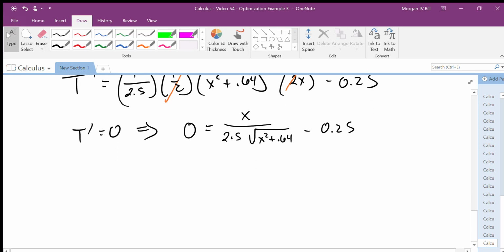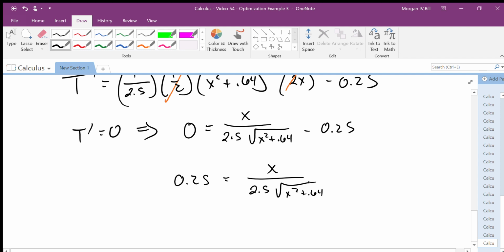Okay. So setting it equal to 0, adding 0.25 to both sides, 0.25 is equal to x over 2.5 square root of x squared plus 0.64.